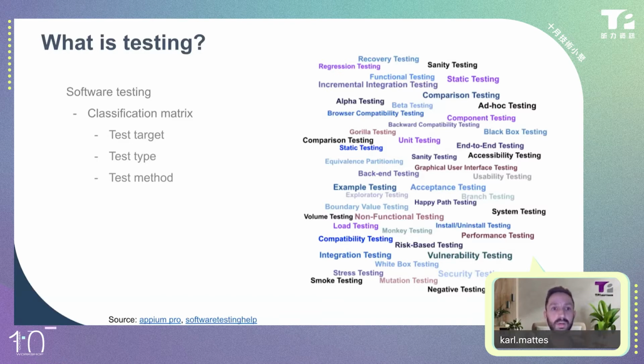So when we talk about UI testing, it is usually of functional nature, meaning we want to test the functionality of our app, that it is correct, and we're not paying too much attention to testing the performance or testing the accessibility of our application. Now, regarding the test method of UI testing, this can either be manual or automated, and we will look at both of them today.